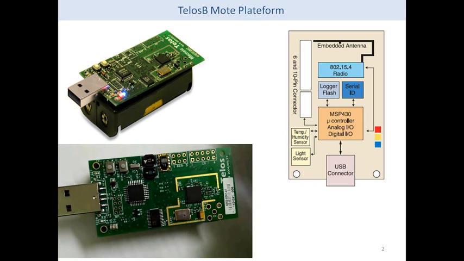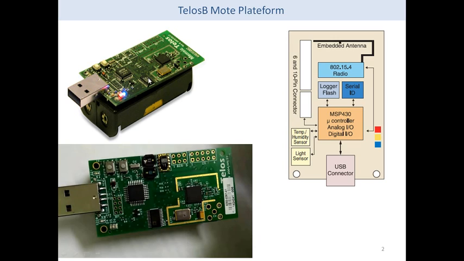When you install the TinyOS platform on your system, these compilers will also be downloaded. We also have analog input output and digital output circuitry. So here is your MSP430 microcontroller.